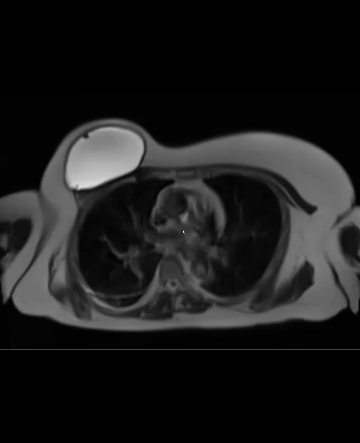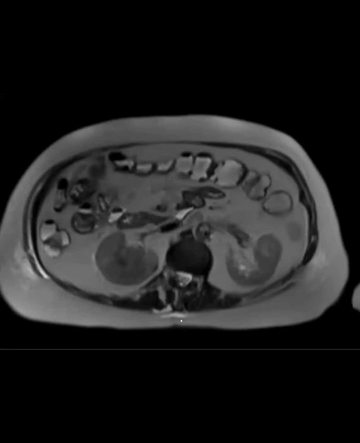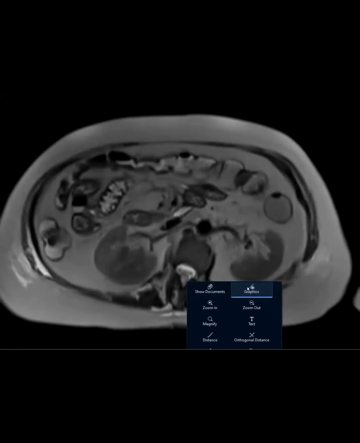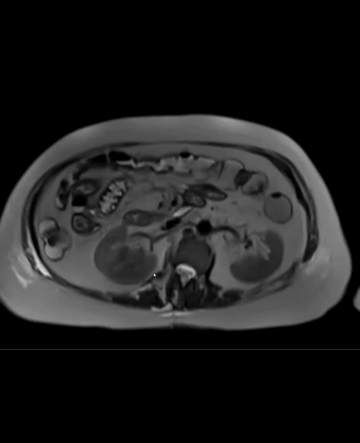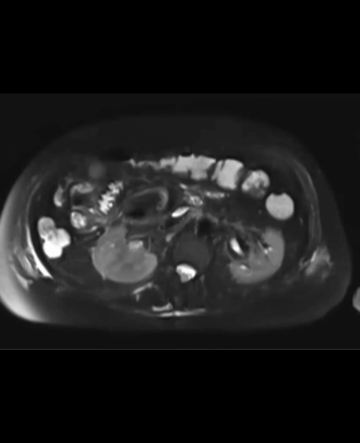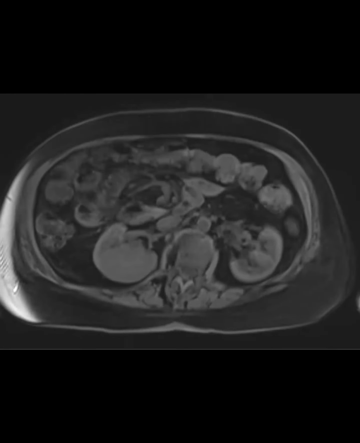Okay. So the focus is on the right kidney. You can see that there is a sort of ill-defined process here. On the pre-contrast, it looks like this.